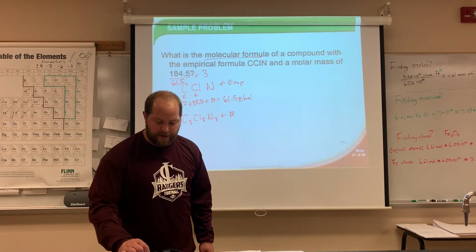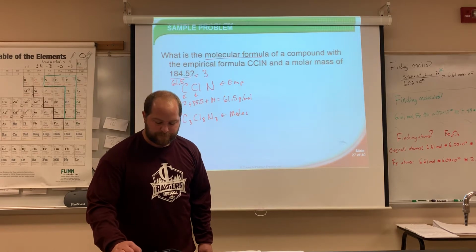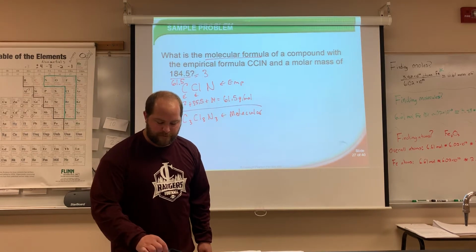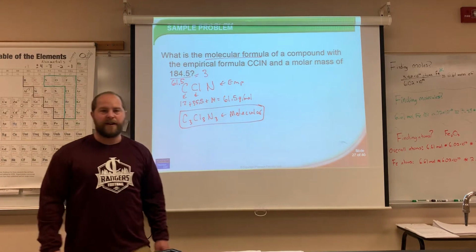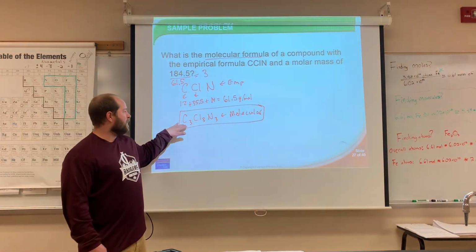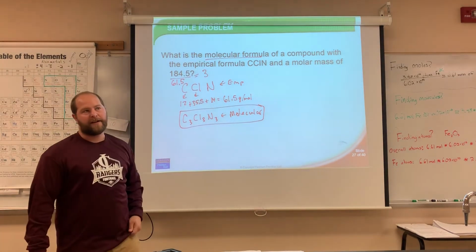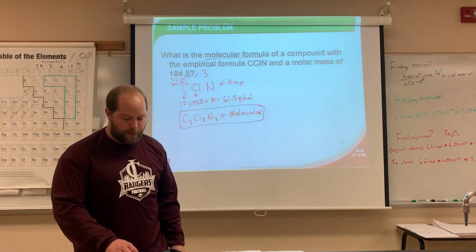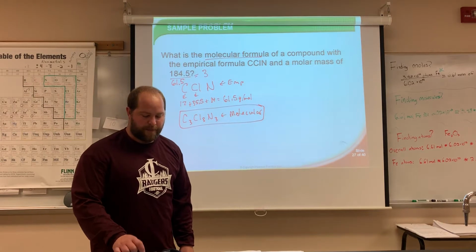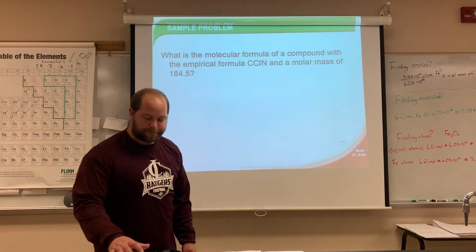That's going to be the molecular formula. And again, you can double check it by doing the molar mass calculation, see that it is 184.5 grams per mole. And I'll let you guys do that, but that's how it's done.